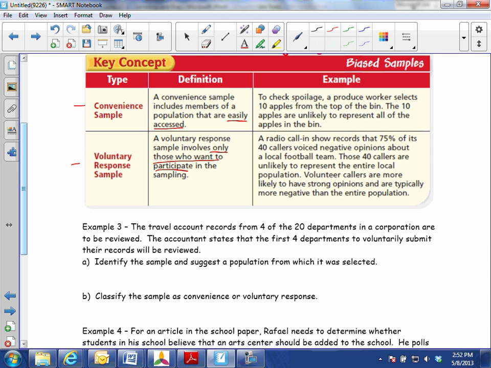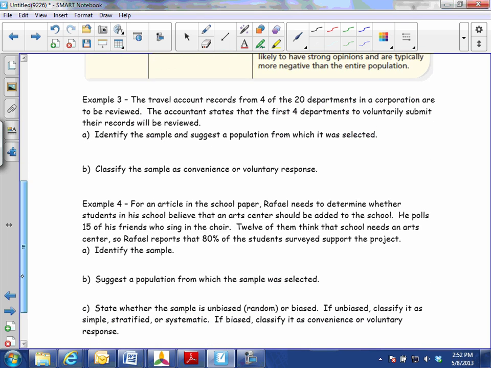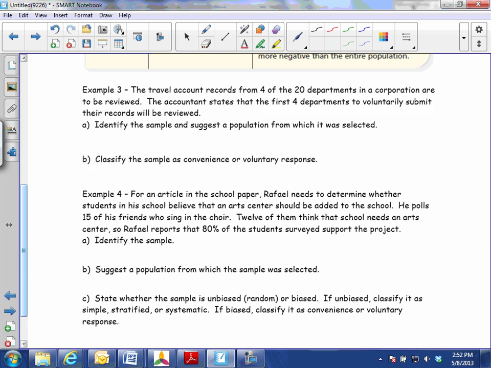Usually the ones that volunteer information are very opinionated and have a strong view on things, so those are the ones that speak out. Think about how many people don't really care.